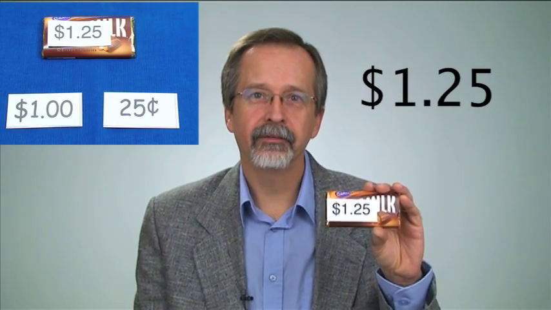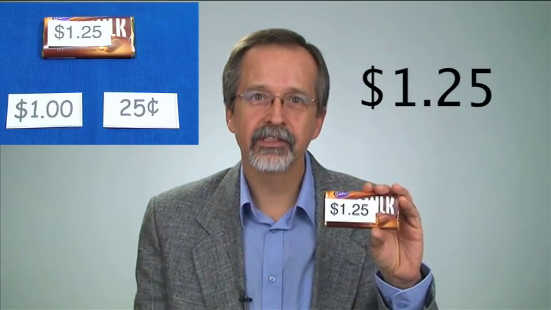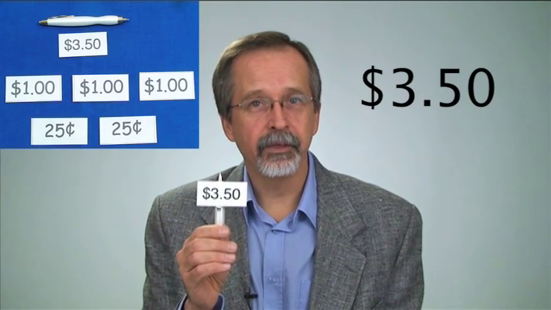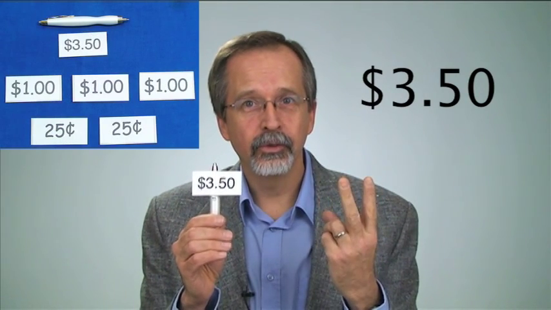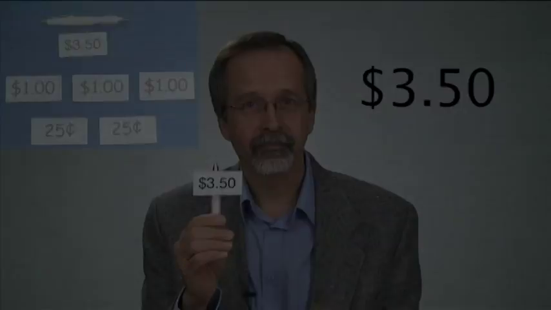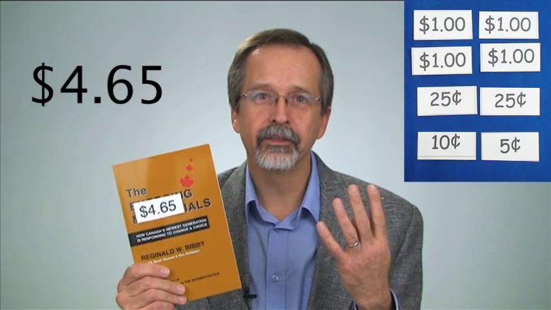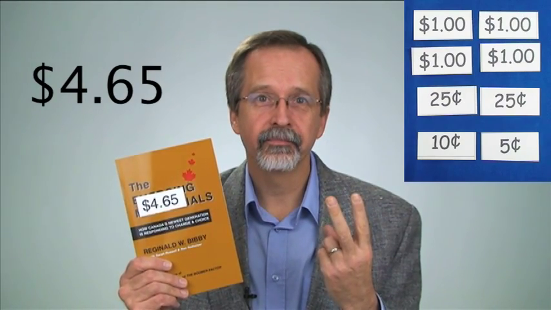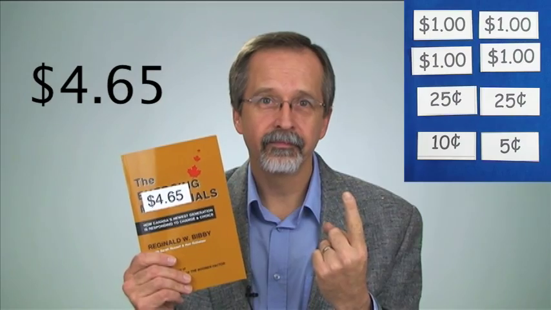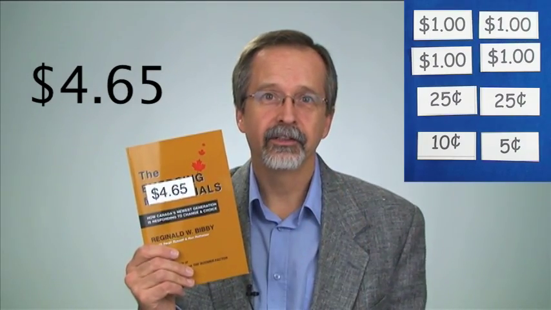Well, let's review some of that now. $1.25 would be one $1 bill and one 25-cent piece. $3.50 can be made up with 3 $1 bills and 2 25-cent pieces. $4.65 can be made up with 4 $1 bills or $1 coins, 2 25-cent coins, 1 10-cent coin, and 1 5-cent coin.